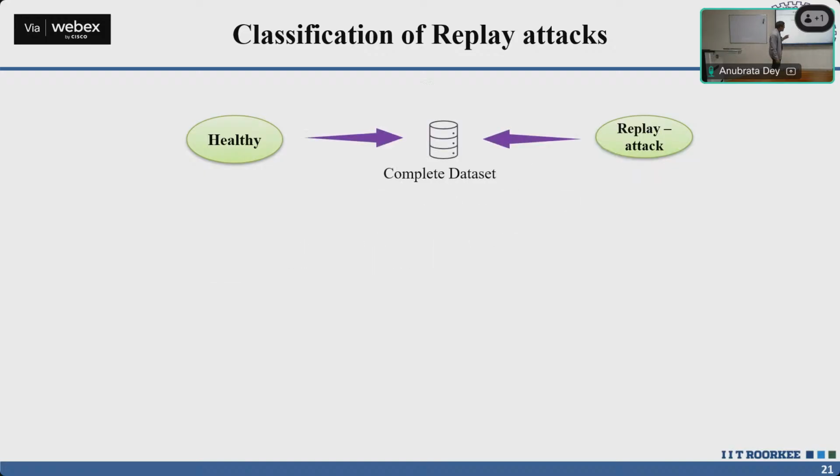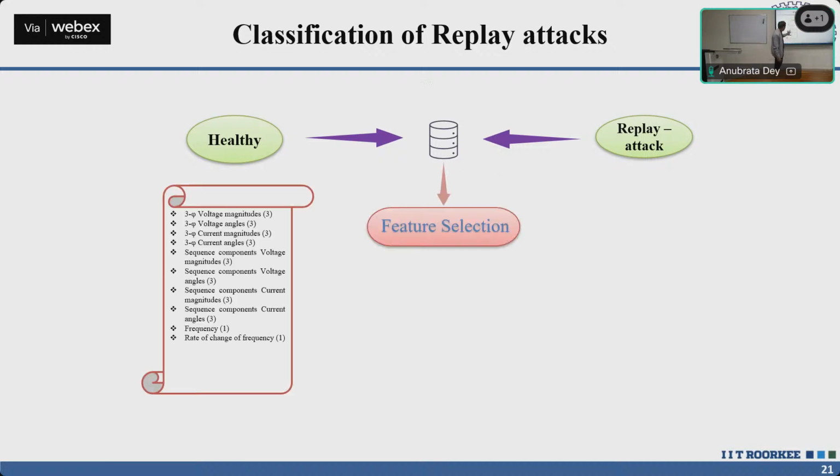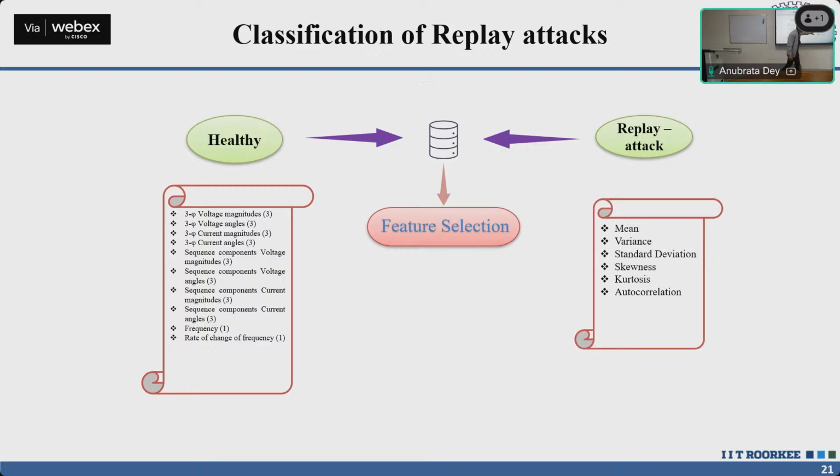If you see the total data set, it contains the features which we have considered earlier: voltage magnitude, current, sequence components of voltage, frequency, it depends on what features you select, plus some statistical features, let's say mean, variance, standard deviation, skewness, quartiles, whatever you feel you can consider here.